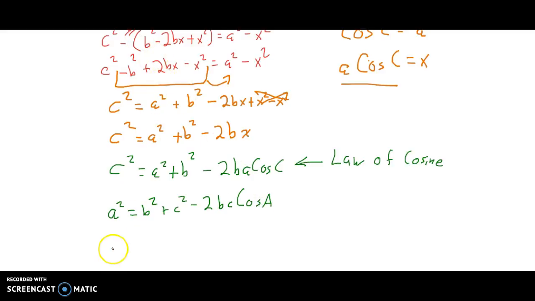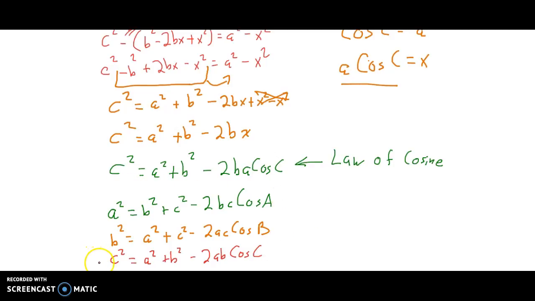You may also see b squared equals a squared plus c squared minus 2ac cos of b. And finally, what we already saw was c squared equals a squared plus b squared minus 2ab cos of c. All of this is what we call the law of cosines.